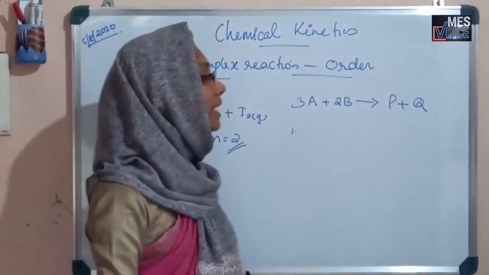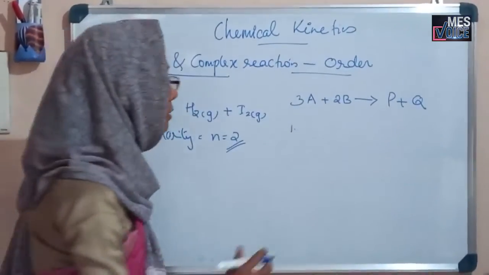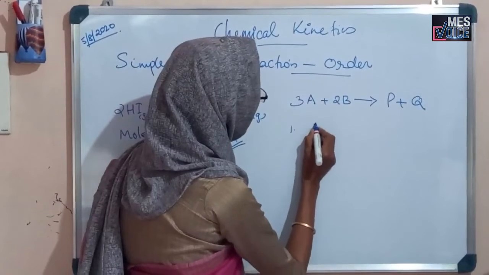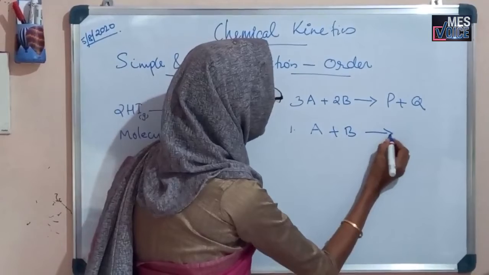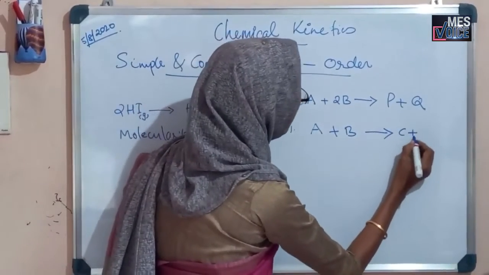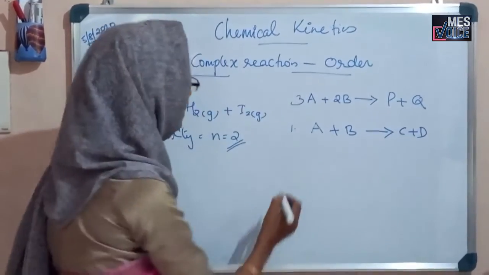If the reaction involves 4 steps, such as first, A plus B react together to form C plus D, 2 intermediates.